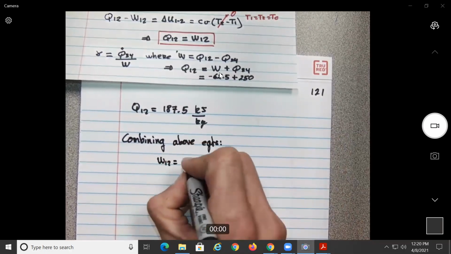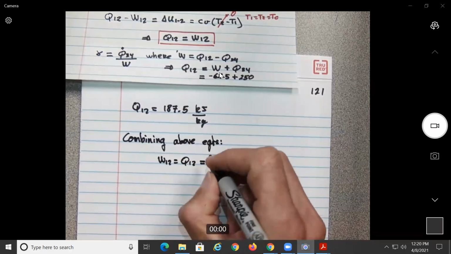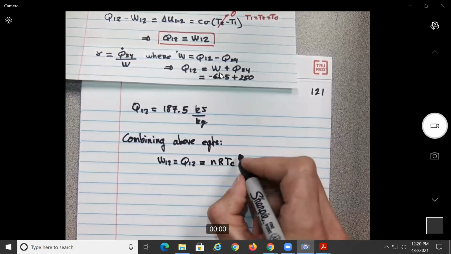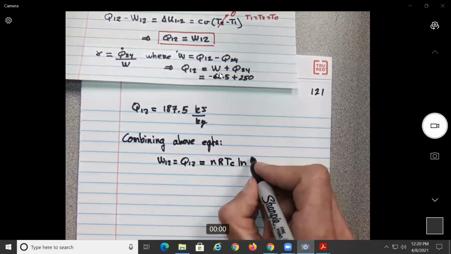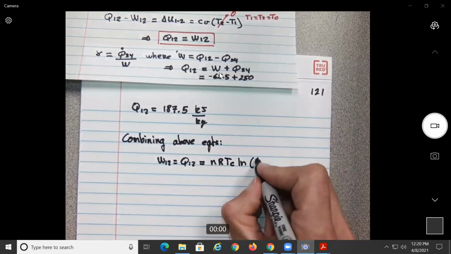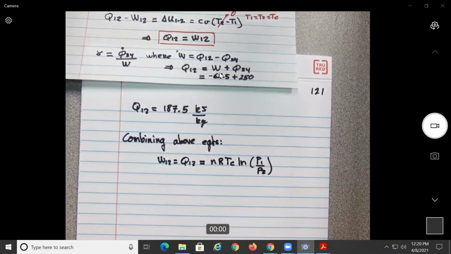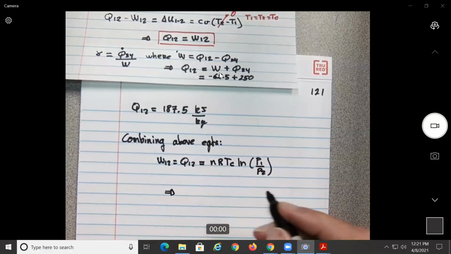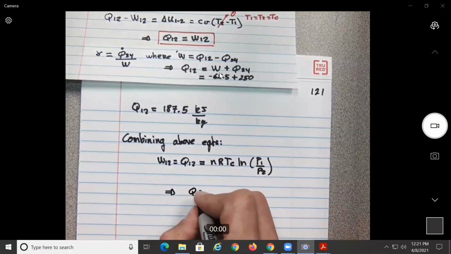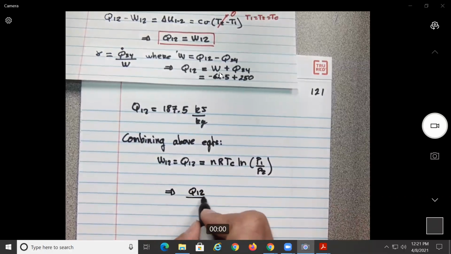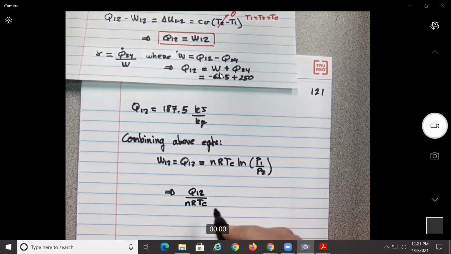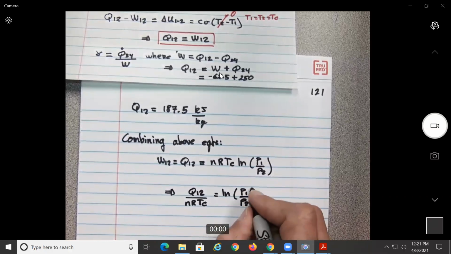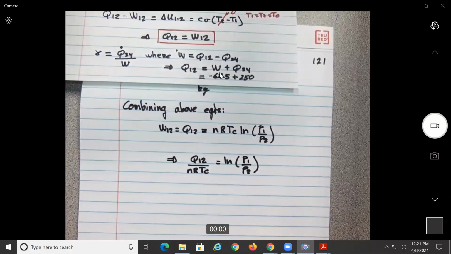Work 12 equal Q12 equal to nRT_C log P1 over P2. So we know Q12. It gives you Q12 divided by nRT cold equal to log P1 over P2.